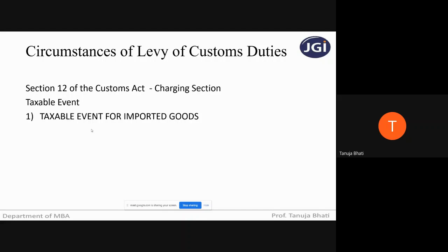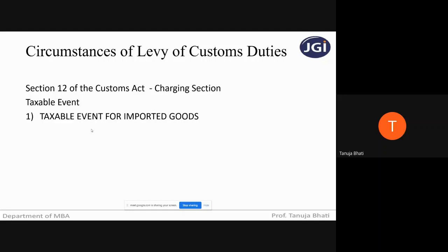So suppose you're unloading the imported goods at the custom port, it is not a taxable event. Suppose the date on which the goods are crossing the territorial waters, that also is not a taxable event, since still the importation is not completed. Next, that also is not a taxable event.